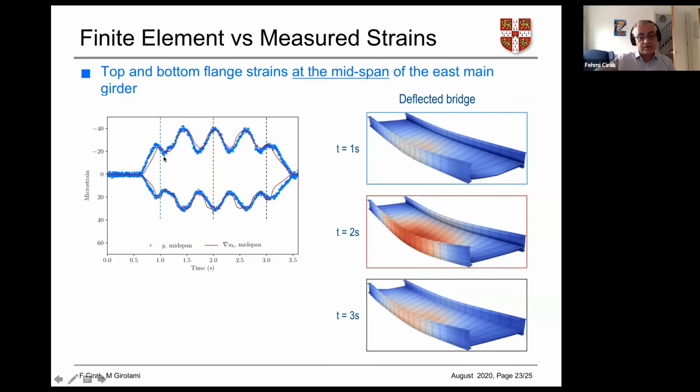So you can see these oscillations in the strains depending on where the axle of a train is, like in the previous movie. Okay? In the bottom, you see the bottom flange, where we have tension, right? These positive strains.